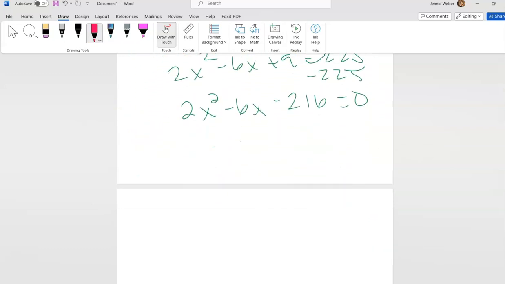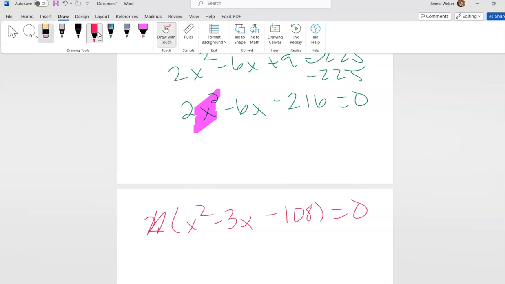My next step is I am going to factor, right? So I want to solve this. It's a quadratic because of this right here. So I want to factor. First thing I notice is everything is divisible by 2. I'm going to take that 2 out because that makes everything so much easier. I divide that 216 by 2, so now this is negative 108 equals 0. Now, this 2 actually doesn't matter because I can divide both sides by 2 and it will go away.